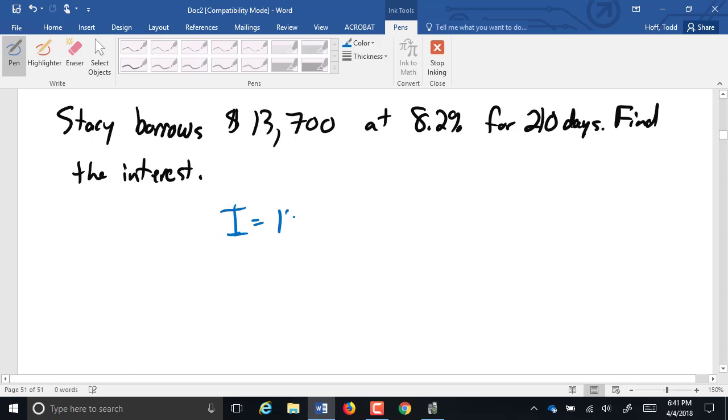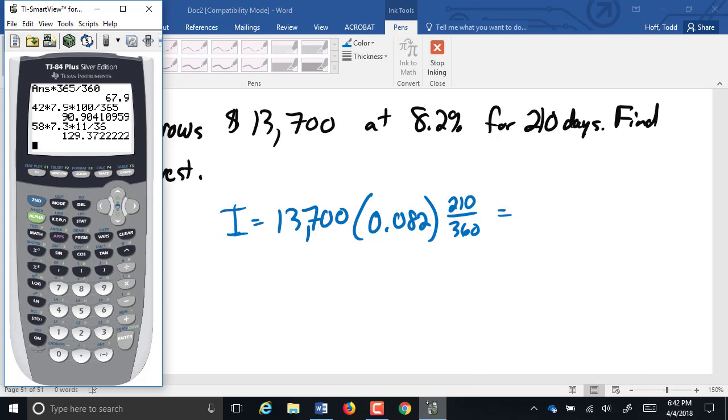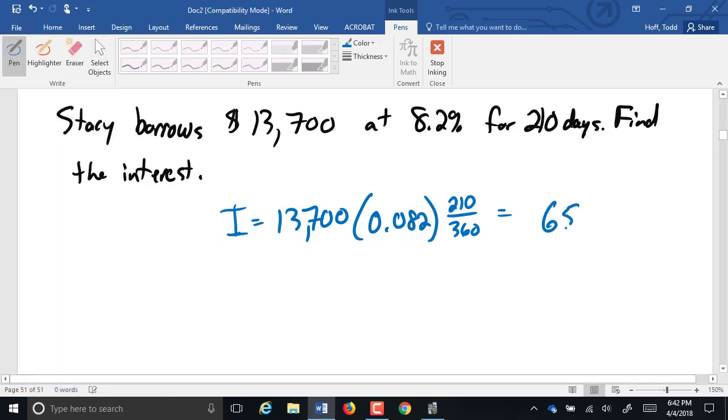So I equals 13,700 times 0.082 times 210 over 360. That didn't work. $655.32.